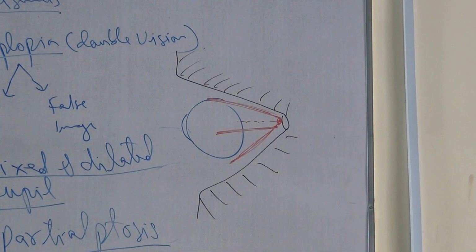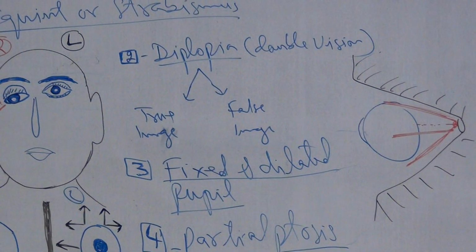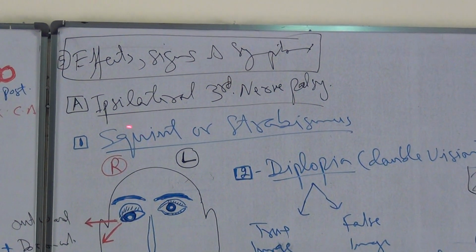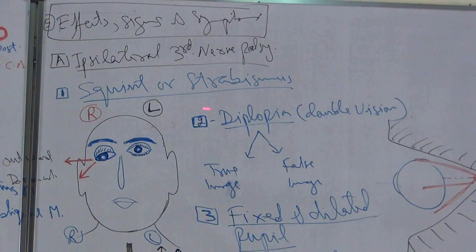Now, I told you what are the effects of this lesion in case of this Weber syndrome. Number 1, ipsilateral third nerve palsy, and these are all signs and symptoms of the oculomotor nerve palsy.